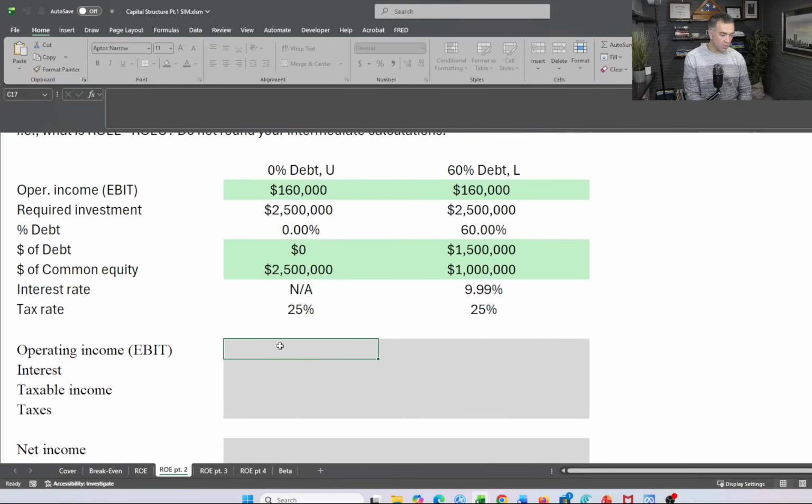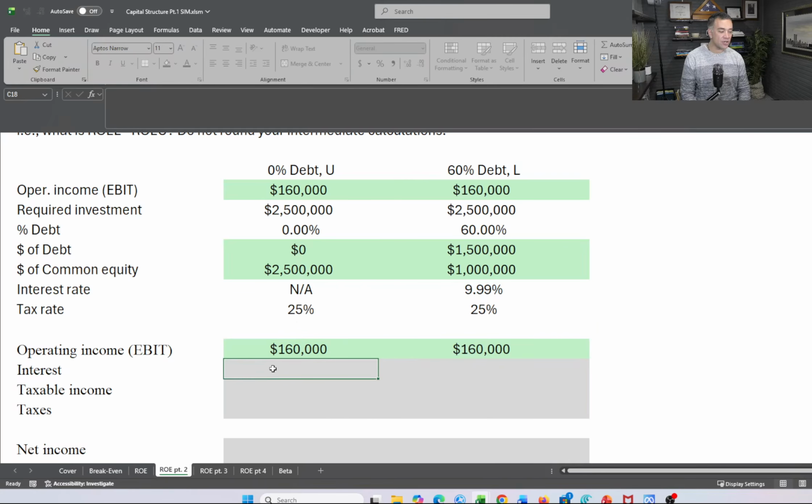Operating income. So we'll go down the line, which is the 160,000. So this would be the income statement. What about the interest? Well, we pay zero interest in the all equity firm. And then we pay 9.99%. So I want to know what is the interest payment?